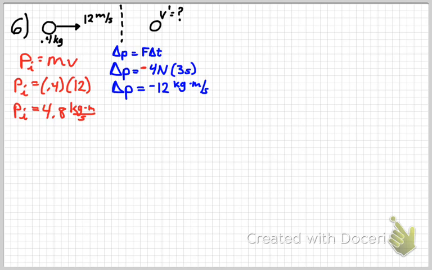If I add the initial plus the change, that gives me the final. So I started with 4.8 kilogram meter per second momentum. I lost 12, lost because the change is negative. So my final would be 4.8 minus 12, which is negative 7.2.